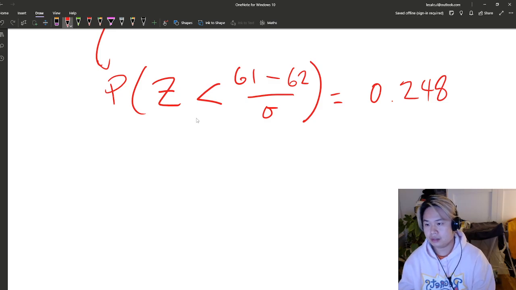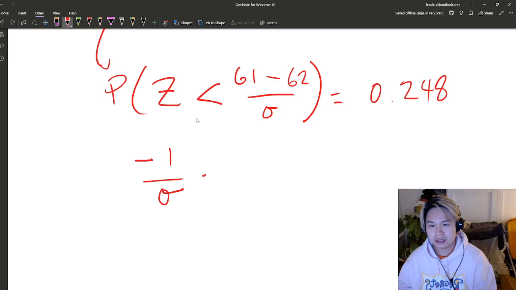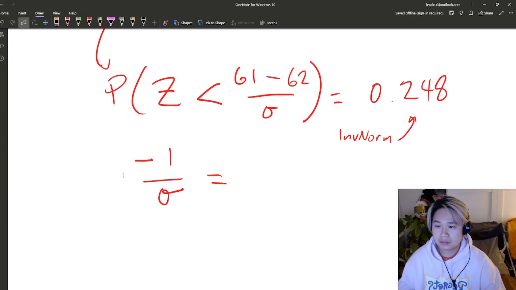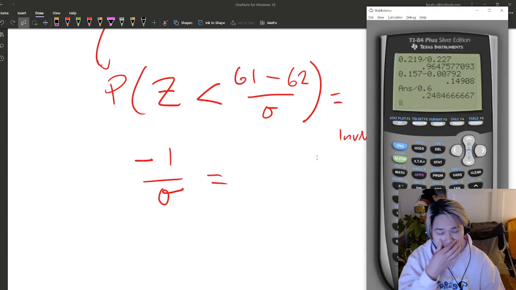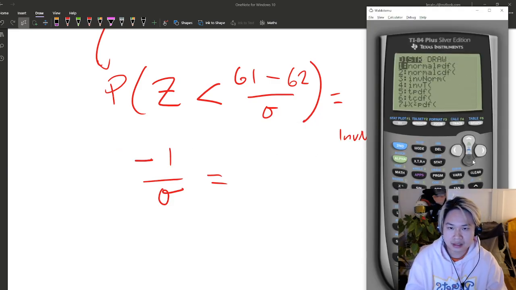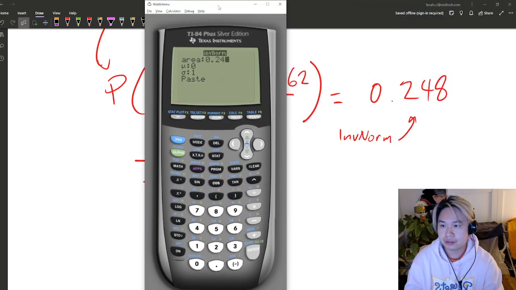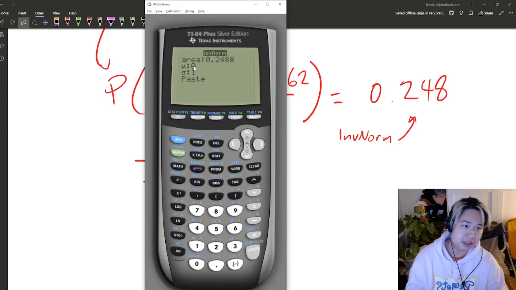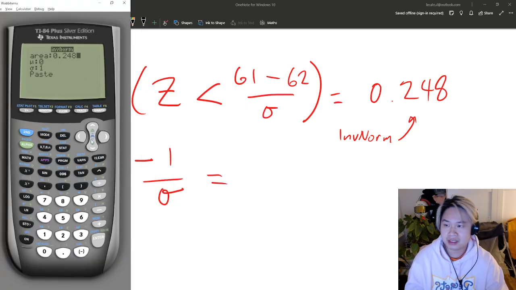So 61 minus 62 is -1, over sigma. And then on the other side, we are going to inverse norm this to get the actual numerical value of the z-score. So second distribution, inverse norm, whatever area this is, 0.248. This is why you standardize: you can't use inverse norm unless you know the mean and standard deviation, and the mean and standard deviation of any standardized one is 0 and 1.